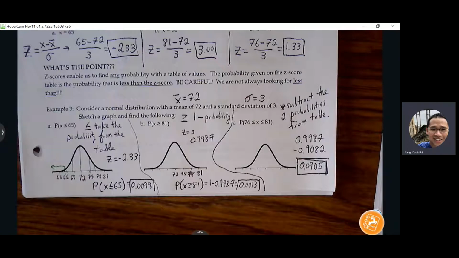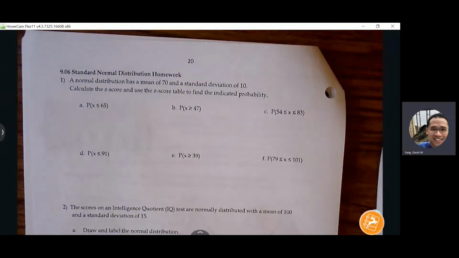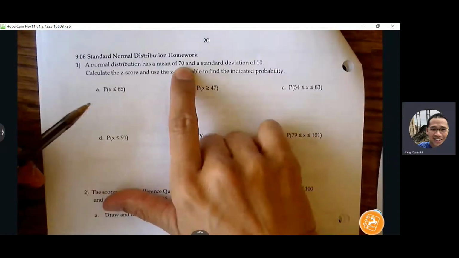Okay, page 20. Okay, does anybody still need this page? Okay, mean is 70.